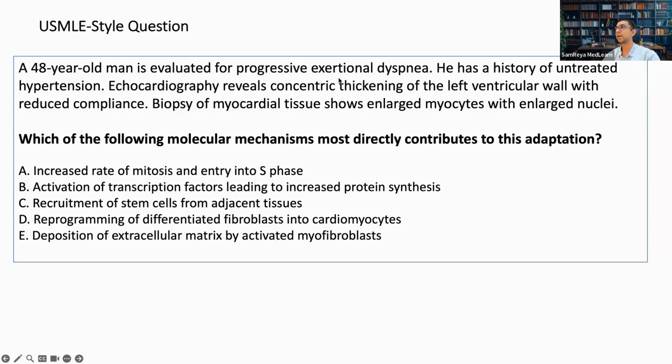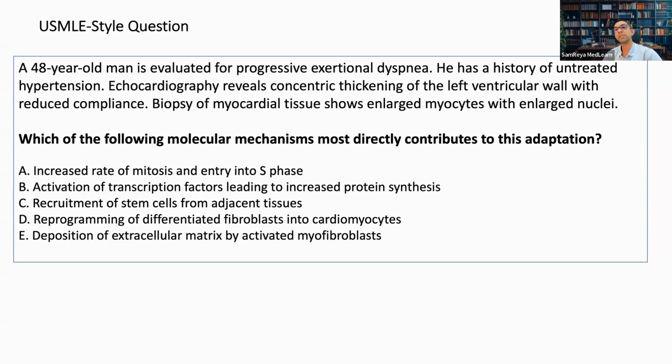He has a history of untreated hypertension, so that might have led to his cardiac situation. Progressive dyspnea would have occurred because of back pressure building up in the lungs from that early heart failure situation.